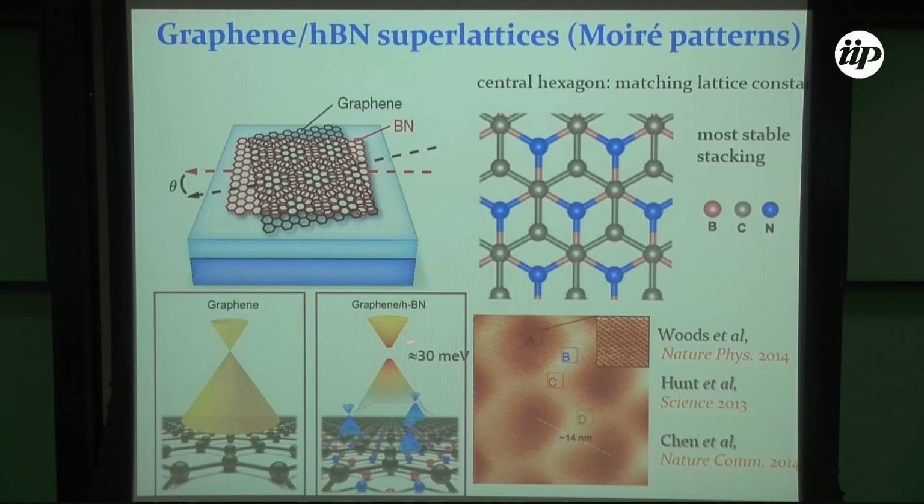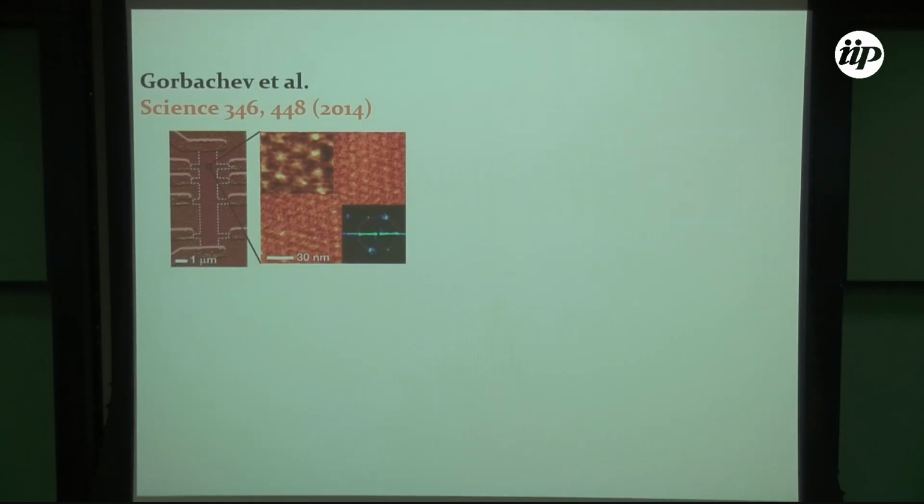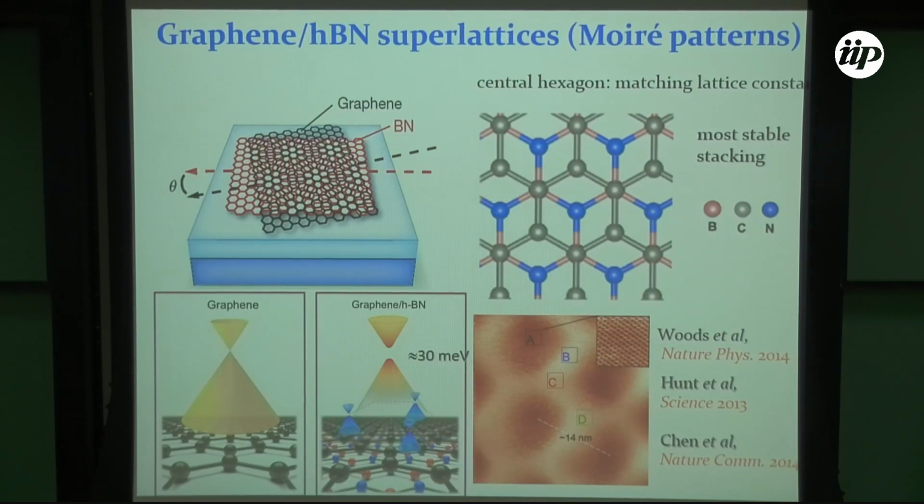But in this situation where you have a full gap, in principle, the argument and the proposal of Yao, Xiao, and Niu could be in place. We could measure a valley Hall effect. So this is for this central hexagon.